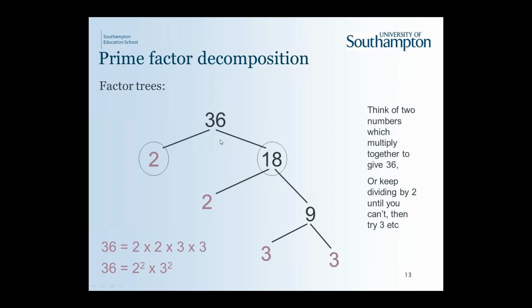So that means that the number 36 in terms of prime decomposition is made up of 2 times 2 times 3 times 3, and always get the students to check that that actually works. So 2 times 2 is 4, times 3 is 12, times 3, yes, they have got back to 36. And they can write it just like that, it's absolutely fine, or they can write it in powers.